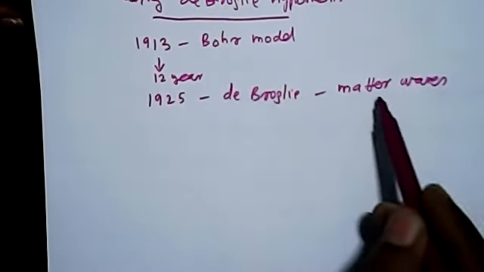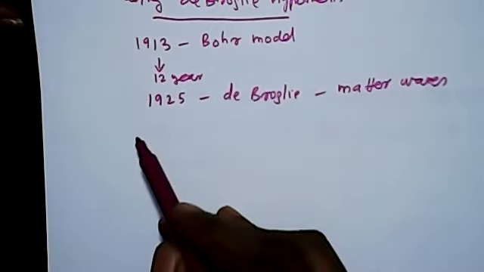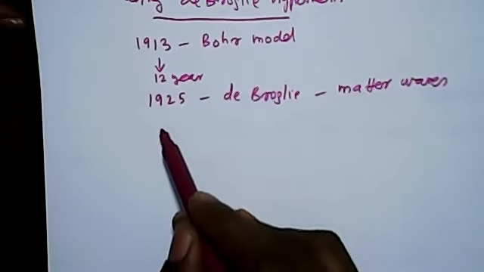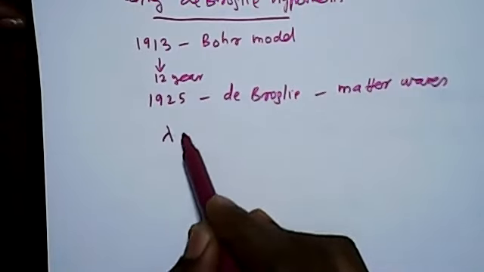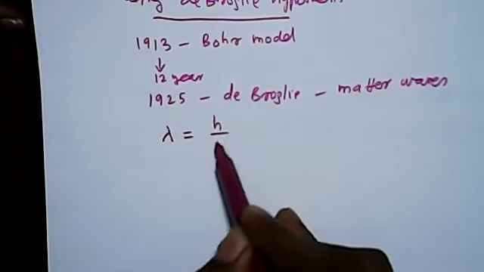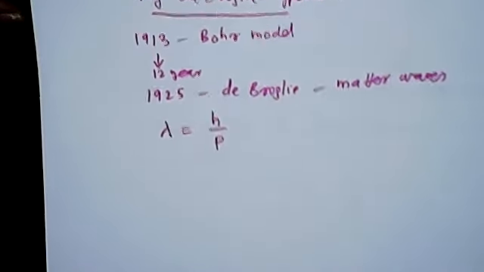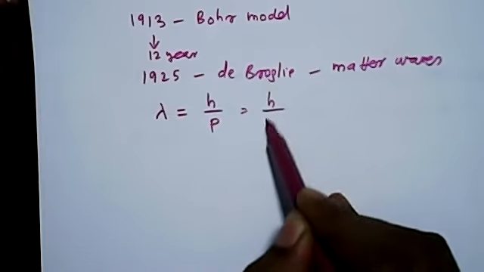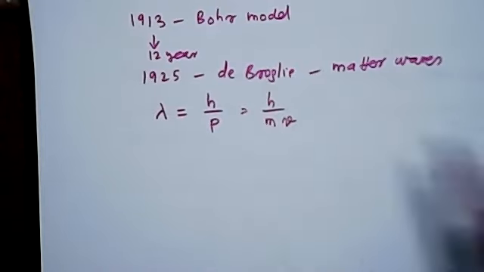So we know that according to the de Broglie hypothesis, the de Broglie wavelength is lambda equal to h by p, or you can write it as h by m into v.